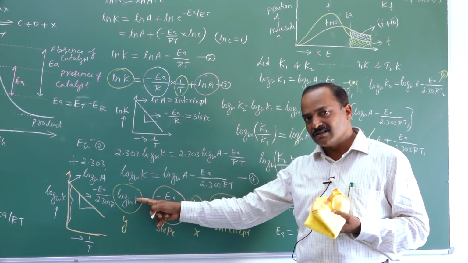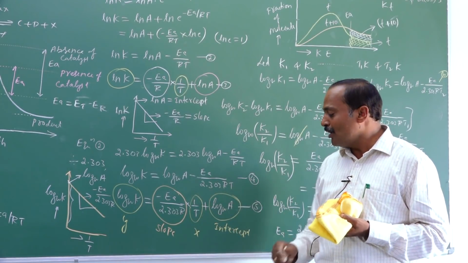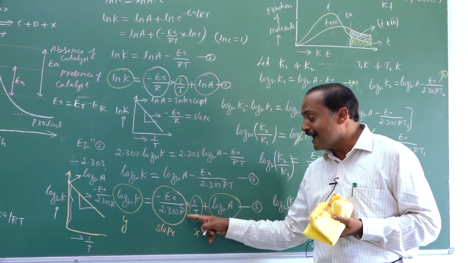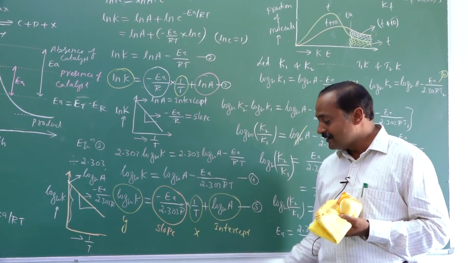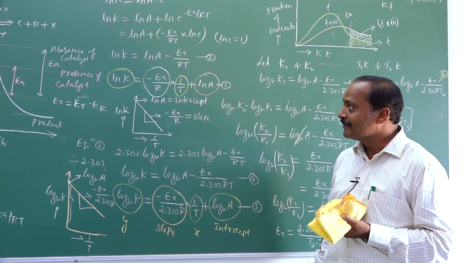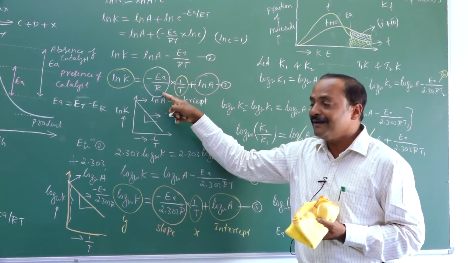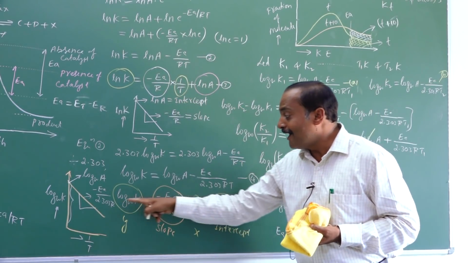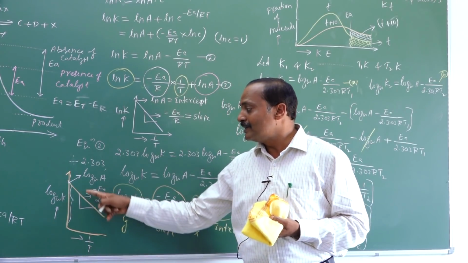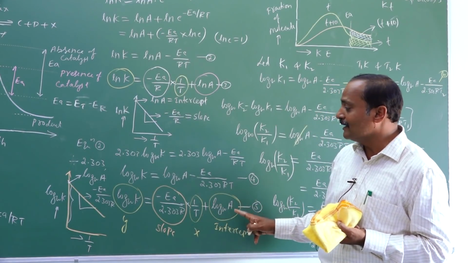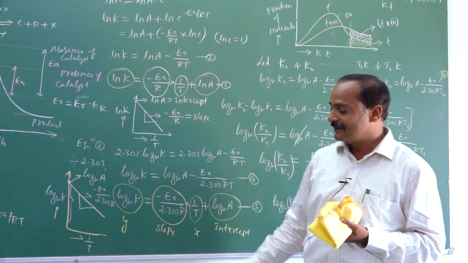This is the y axis, log base 10 K. It is the x axis, 1 by T. We get a slope minus A by 2.303 R, a negative slope, and intercept log base 10 A. Here ln K versus 1 by T gives slope minus A by R and intercept ln A. Here log base 10 K versus 1 by T gives intercept log base 10 A and slope minus A by 2.303 R. Is it clear?